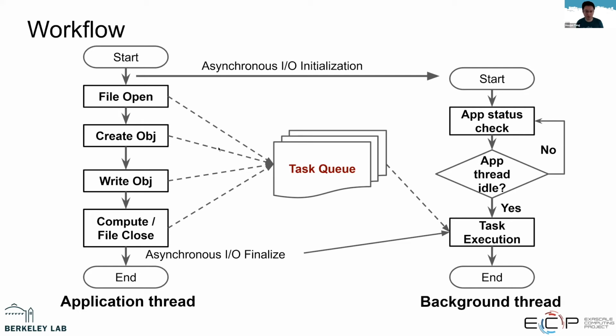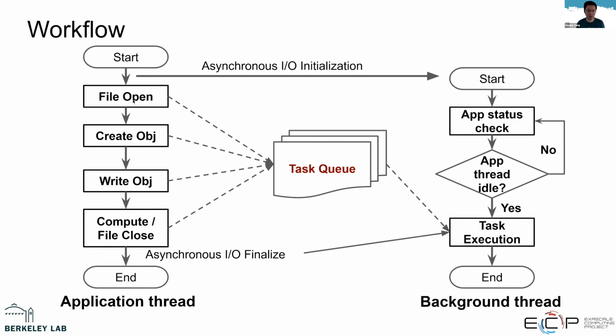For example, without proper handling of the asynchronous tasks, it can happen that the application thread, or the main thread, issues an HDF5 I/O call, and it goes into the VOL connector, and the VOL connector executes that immediately, which acquires the global lock.